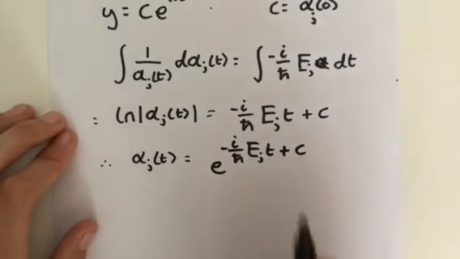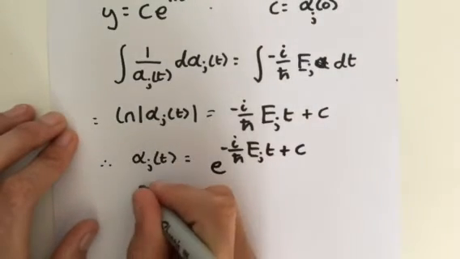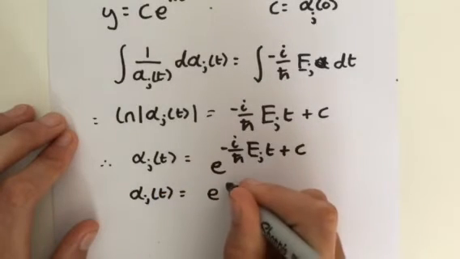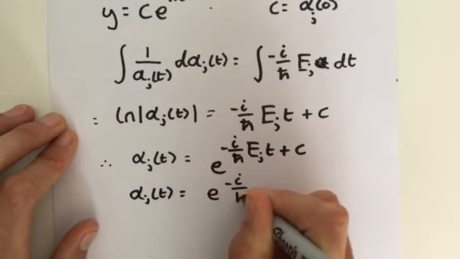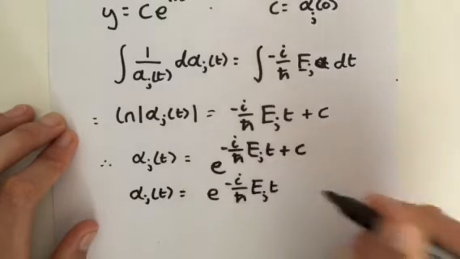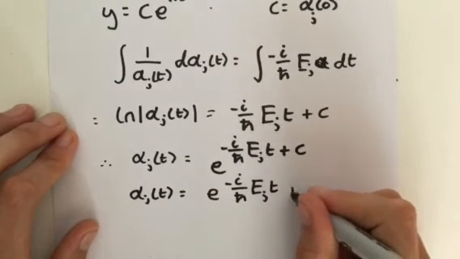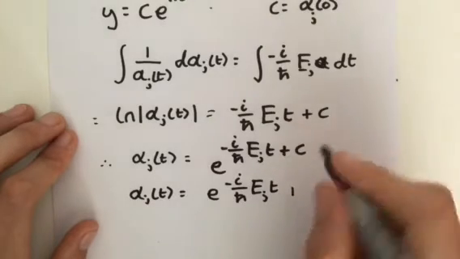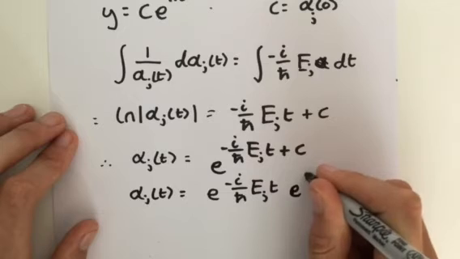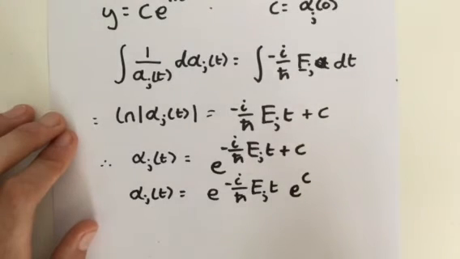So we can therefore rewrite this as alpha_j(t) is equal to e to the minus i over h bar E_j t, and we multiply it by e to the c. Does that make sense?